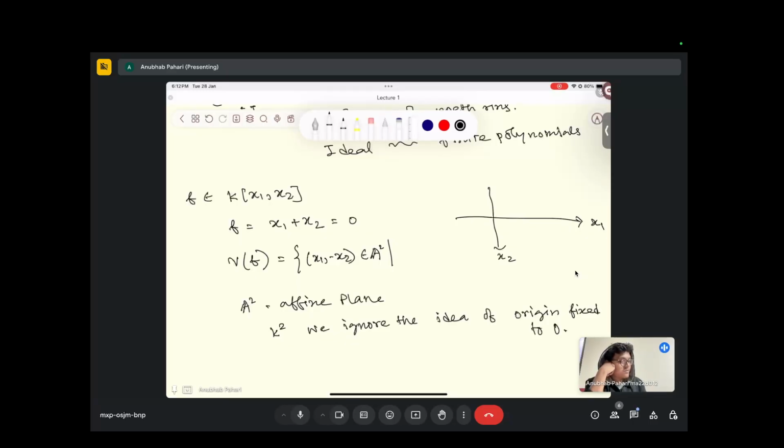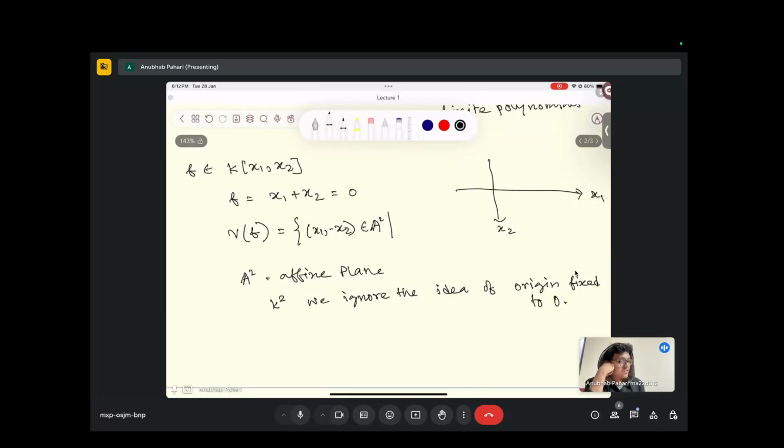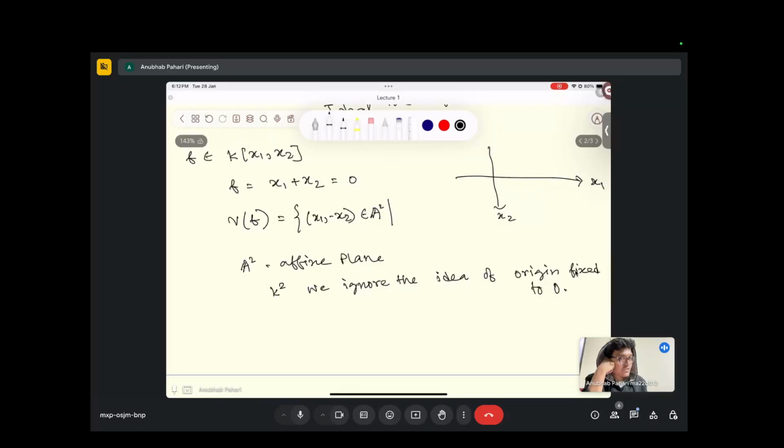That means it has an origin, but it does not necessarily need to be 0. This is your K2, or C2, say R2.